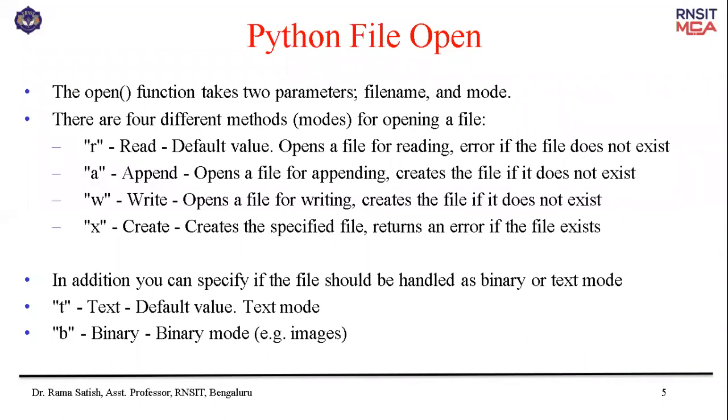One is the file name, the name of the file. Sometimes you give the entire path also, which is treated as the name of the file. You can give either a relative path or an absolute path along with the file name.